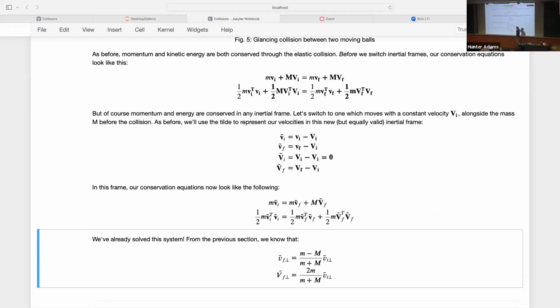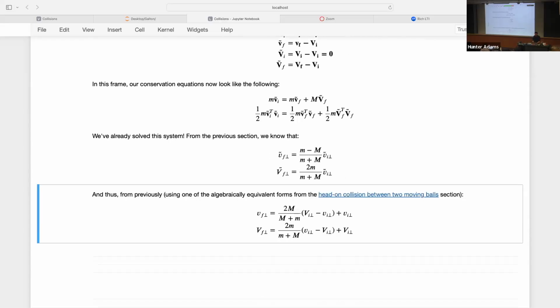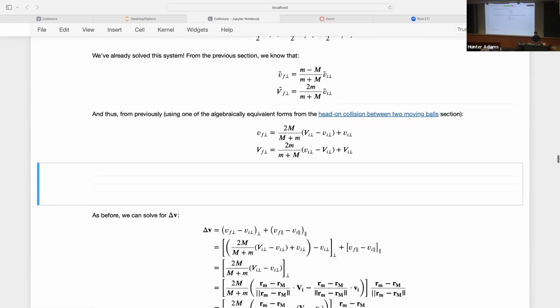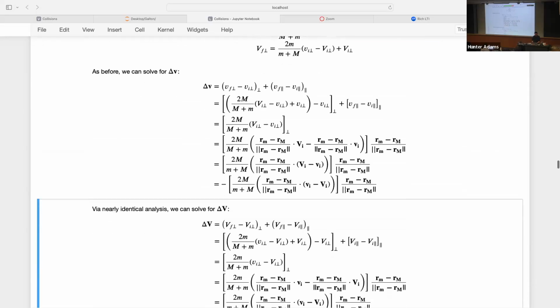This now reduced to exactly the previous version of this in which the big mass was stationary. So we solve this in the tilde reference frame. And then, as we saw previously, it's a simple matter to go back to the reference frame that we care about. We just add back on the initial velocity of that big mass. And we end up with the solutions in the sort of table frame. And again, we can solve for the changes in velocity if we care to.